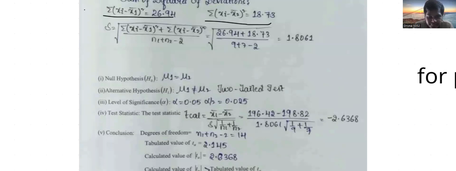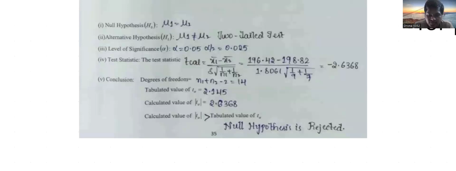By substituting the values, we get t calculated equal to minus 2.6368. We have to take the modulus of the negative value. The degrees of freedom will be 14.